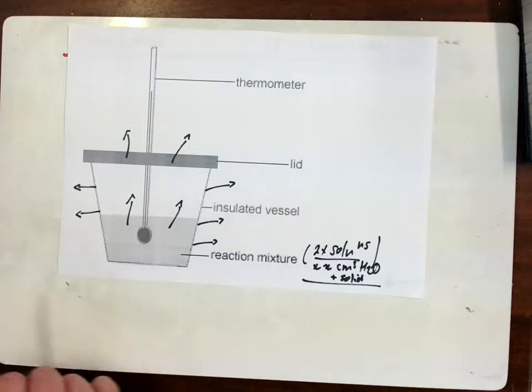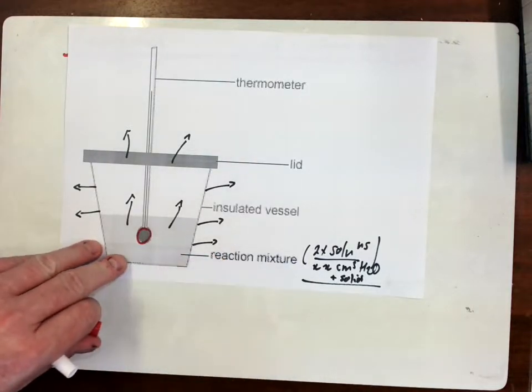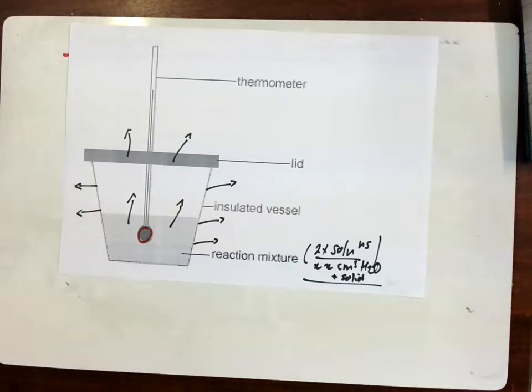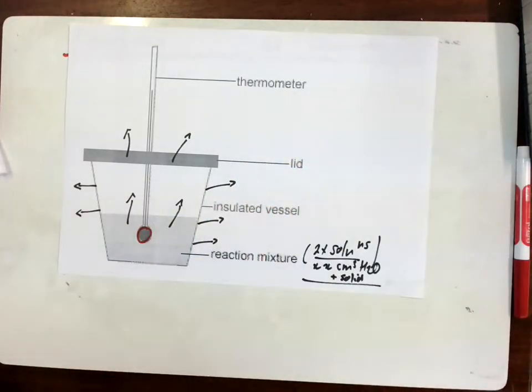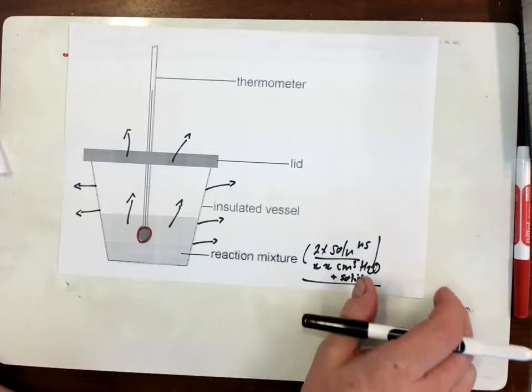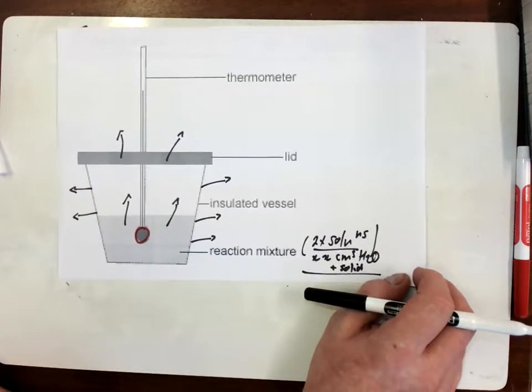So not all heat makes its way into the thermometer, unfortunately. So you have a few sources of error there, but it gives us a fairly reasonably accurate assessment of what's going on in here, and allows us to carry out the calculations to work out the delta T and then the enthalpy change.